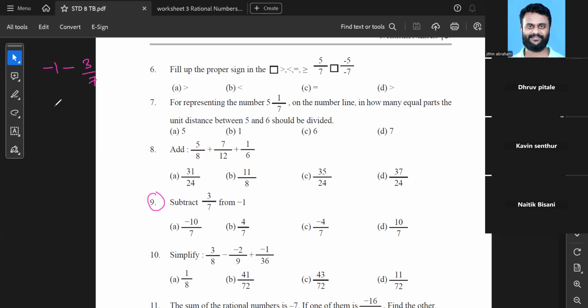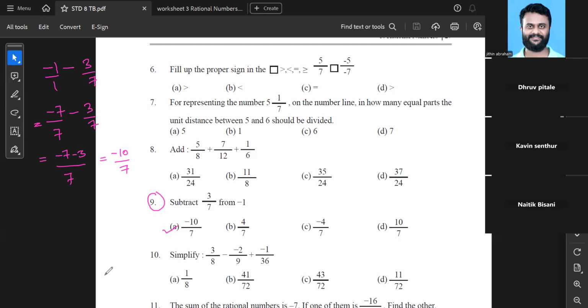When I multiply 7 in the numerator, it becomes -7, and the same with the denominator becomes 7, because if there is nothing in the denominator, it's basically 1, minus 3 by 7. Now, in the next step, I'll write 7 common for both the numbers and then I'll write -7 minus 3 over here. -7 minus 3 gives you -10 upon 7. Your answer is option A.